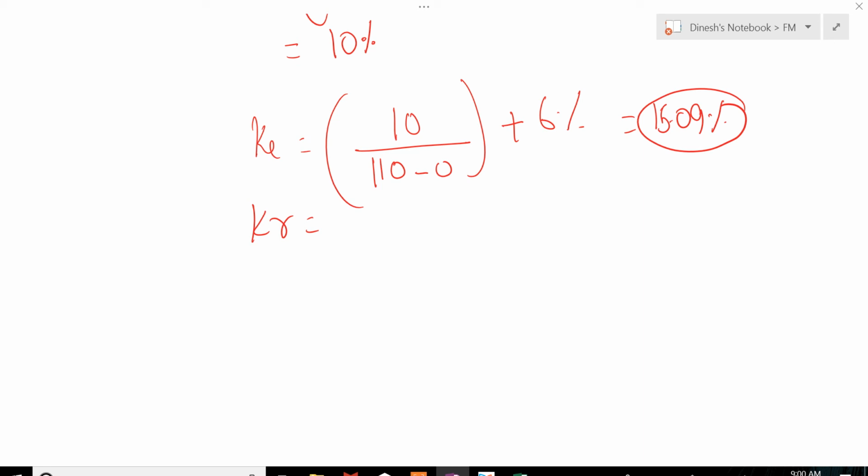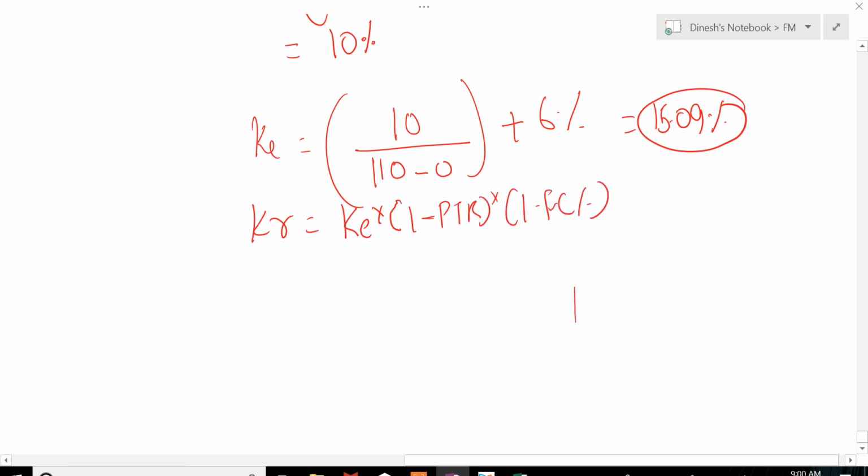KR equal to KE into 1 minus personal tax rate into 1 minus flotation cost percentage. 15.09 into, what is the personal tax rate? 1 minus 0.2 into 1 minus 0. Flotation cost is 0.